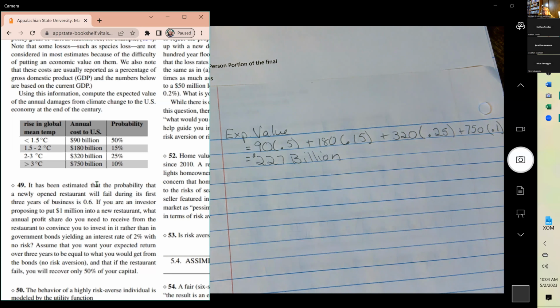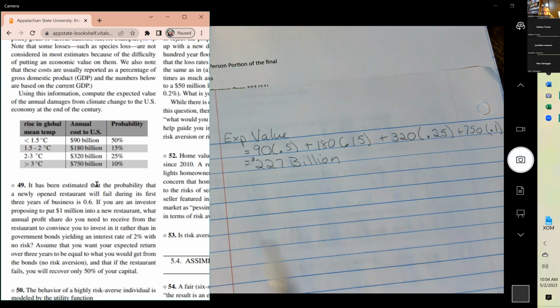Any questions on that? So this is finding out after several years, you'll pay 227 billion per year. Any questions?